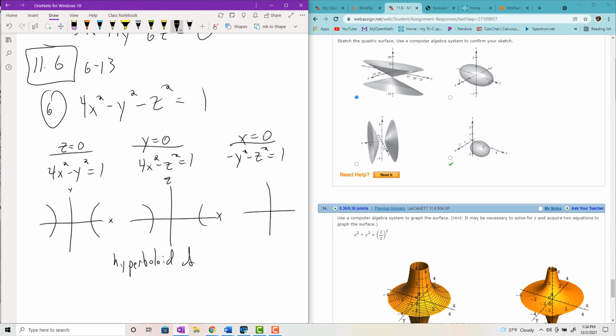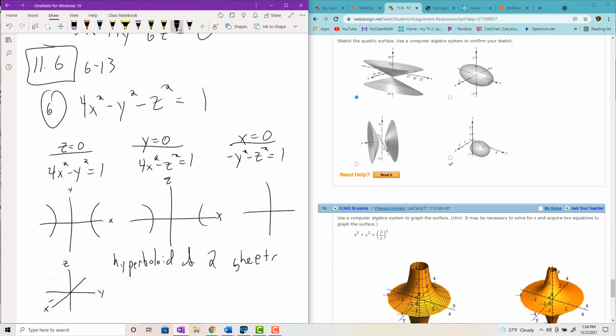Hyperboloid of two sheets. Okay, and you can kind of see it if you go into 3 dimensions here. So here's your y, here's your z, here's your x.